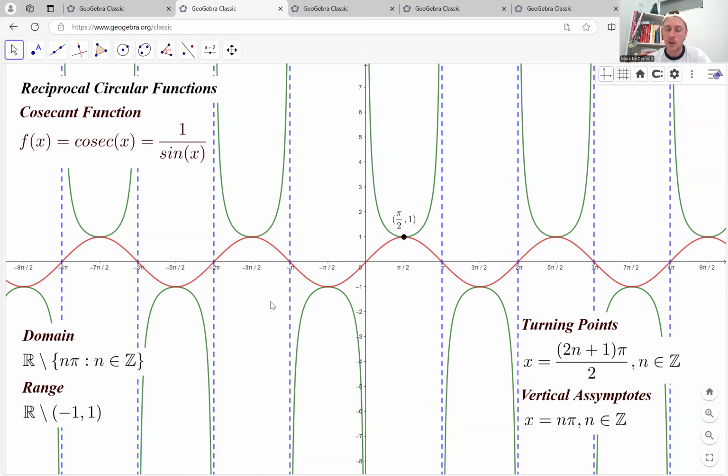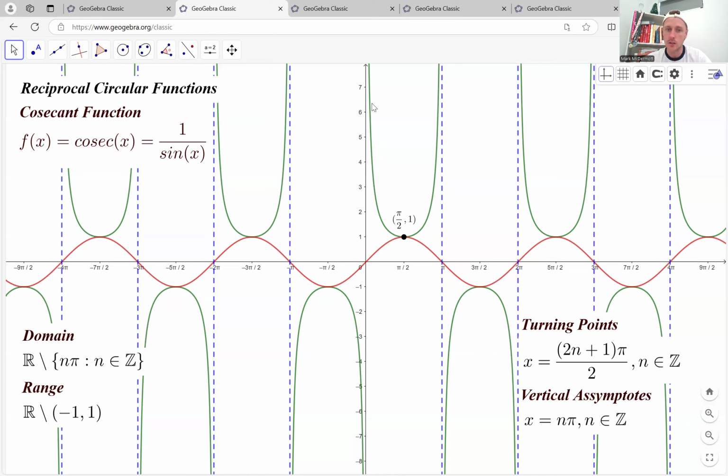So at pi, 2 pi, 3 pi, 4 pi, and negative pi, negative 2 pi, negative 3 pi, and so on. Again, just to really drive that point home, we're just taking 1 over our sine values for any given x value. So let's imagine now that our x value is pi on 2. Sine of pi on 2 is 1. 1 divided by 1 is 1.